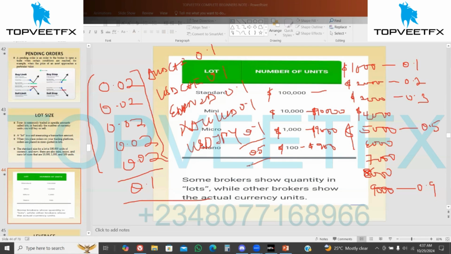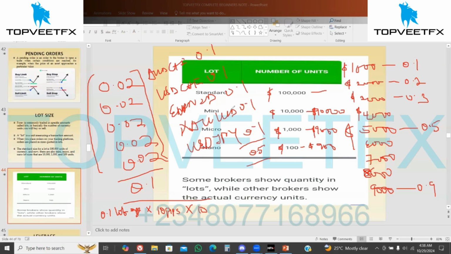Now let's see what is the risk behind it. If you calculate 0.1, which is your lot size, times your pips. Let's say the market moves 100 pips, times 10, which is constant, I have explained.